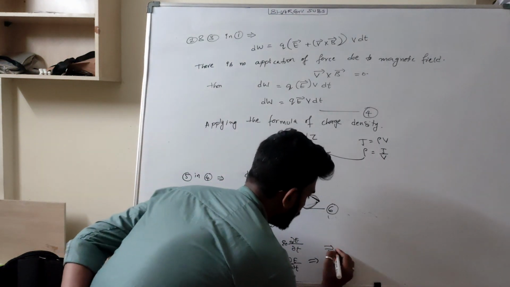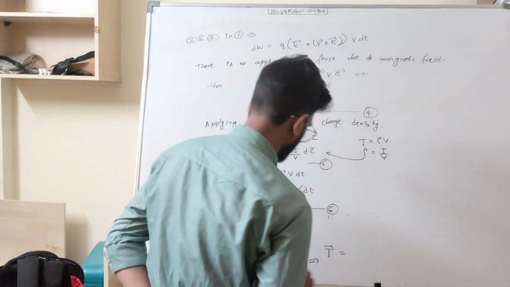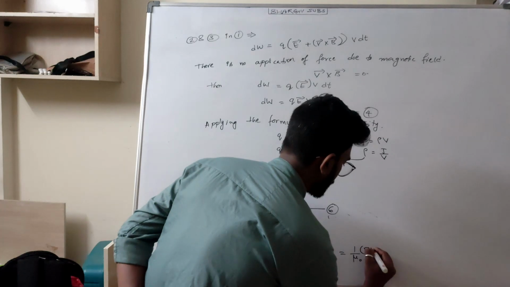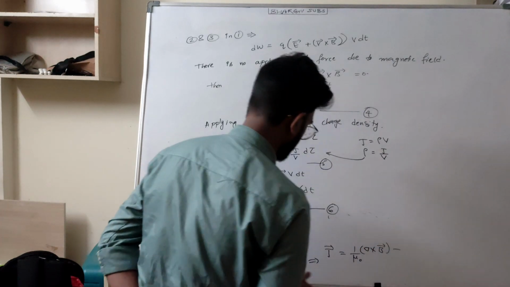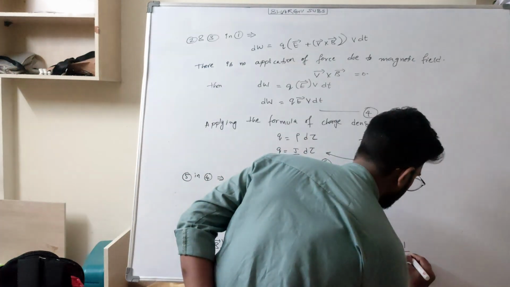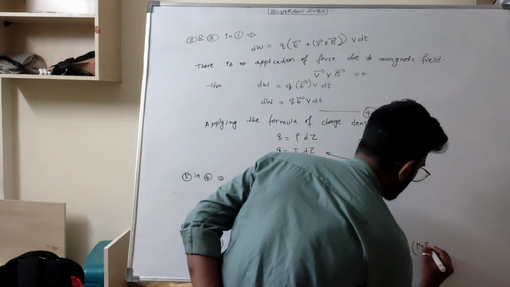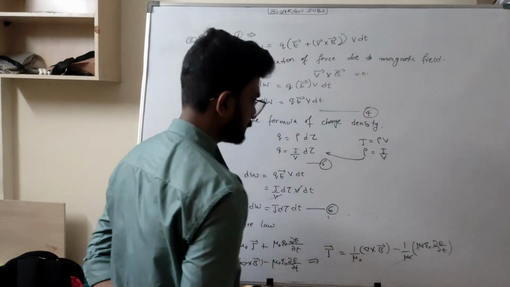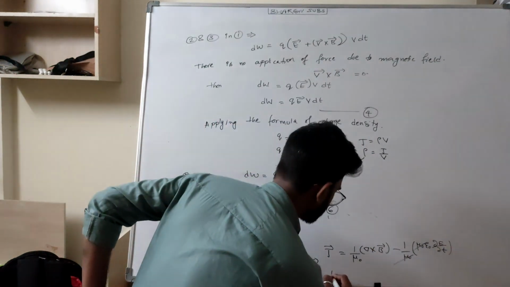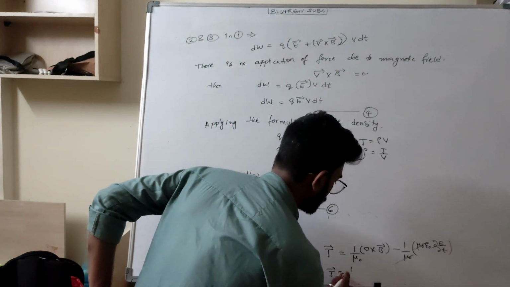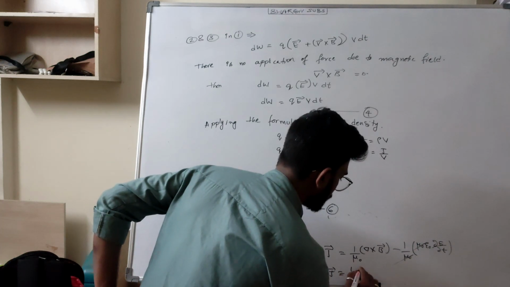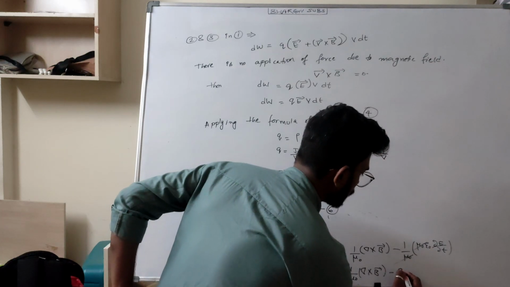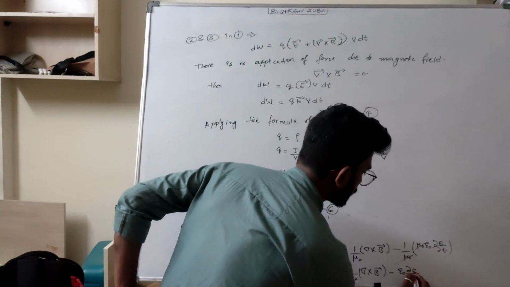For J I will transfer this mu naught to this side, so 1 by mu naught del cross B minus 1 by mu naught into mu naught epsilon naught dE by dt. So mu naught gets cancelled. Finally I will get J bar is equal to 1 by mu naught del cross B minus epsilon naught dE by dt.